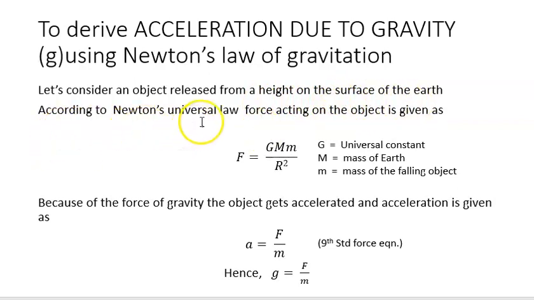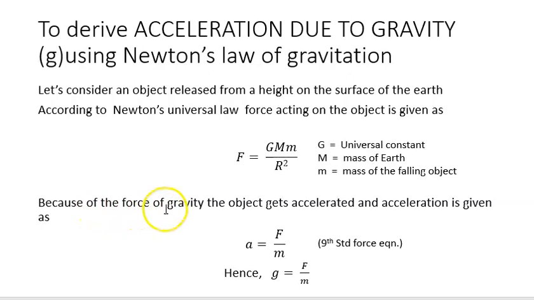According to Newton's universal law, the force acting on the object is given as F is equal to G capital M into small m upon r square, where G is the universal constant of gravitation, capital M is the mass of earth, and small m is the mass of the falling object.